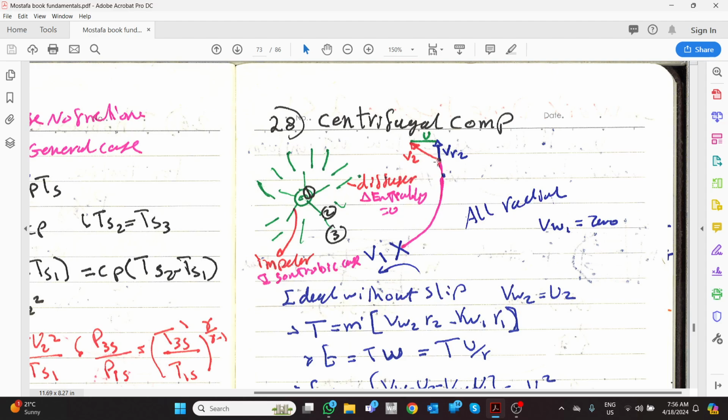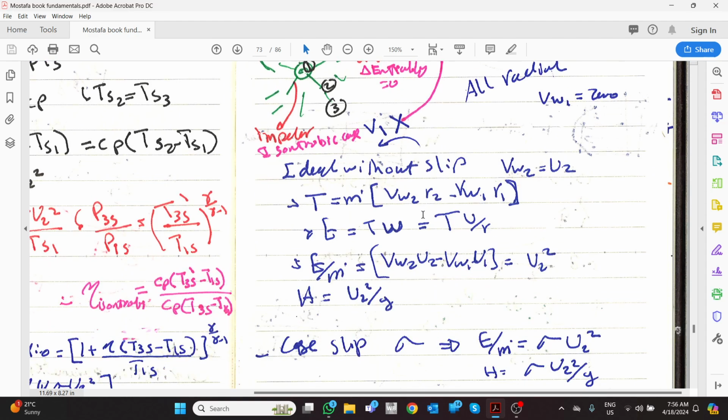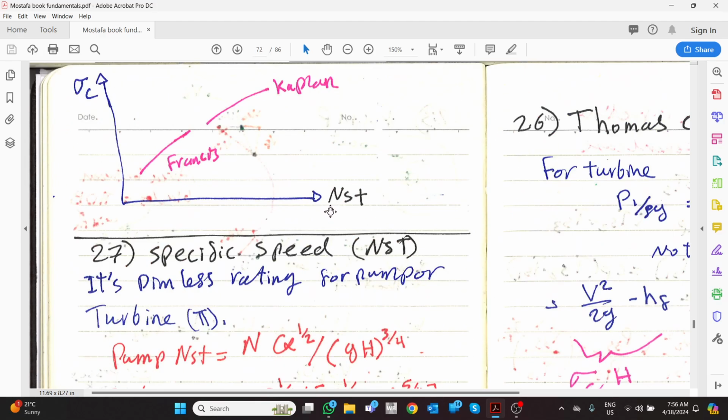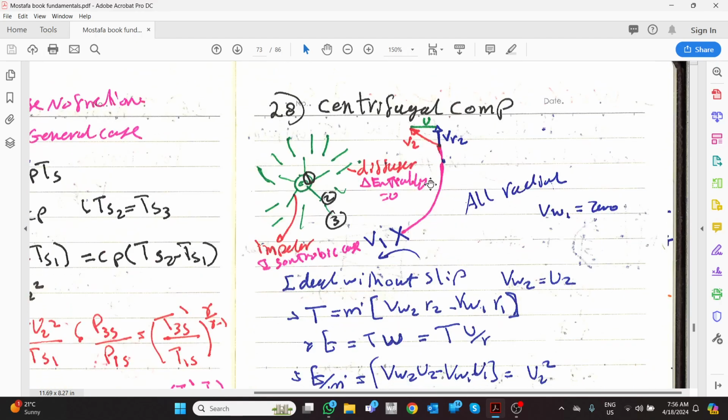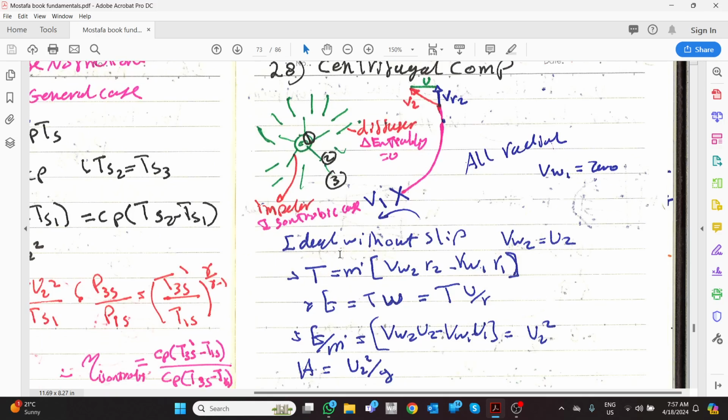So this one is the relative velocity, this one is U as the rotation is like this, so this one will be V2, the actual V, and of course VR1 from this shape is equal to V, so VR2 is equal to VF, or velocity of flow. It is the same as here, by the way.